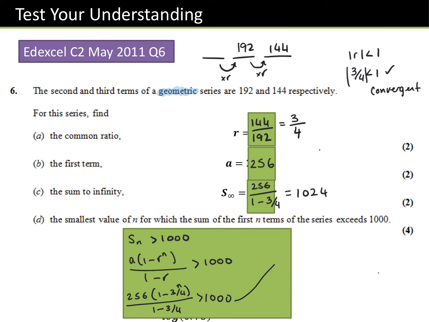Now, if I have 256, 1 minus 3/4 to the power of n is then greater than, if I multiply that by a quarter, I get 250. I then get 1 minus 3/4 to the power of n is greater than 250 divided by 256. I'm then going to take away 1 from both sides.